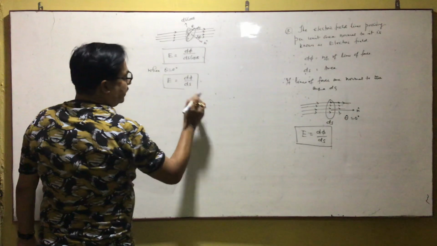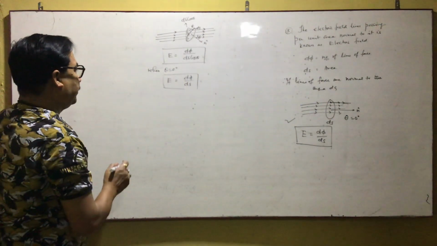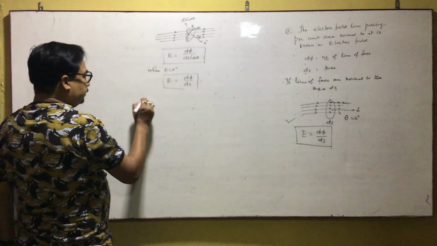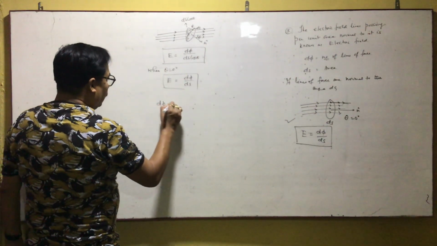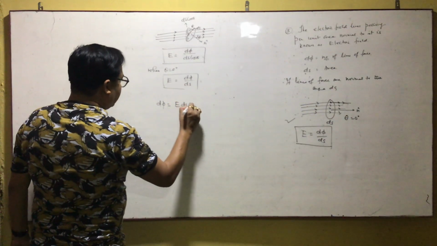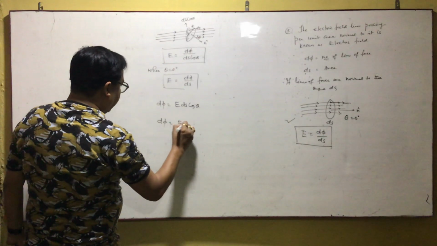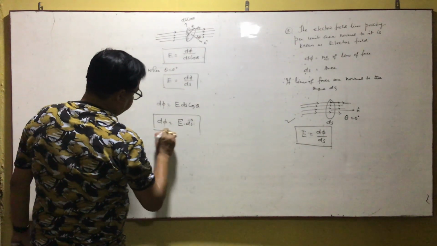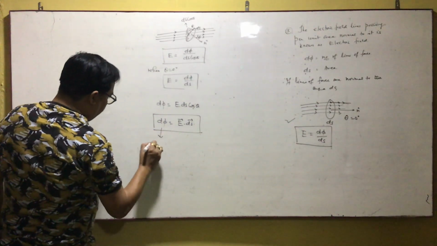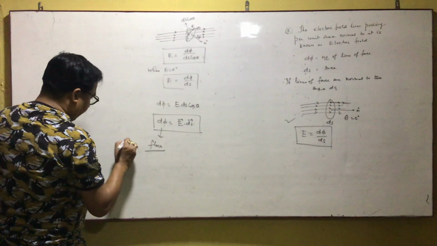So the general value is d phi is equal to E ds cos theta, or we can write d phi is equal to E dot ds. This d phi is called flux or electric flux.